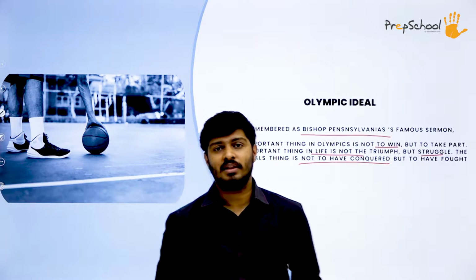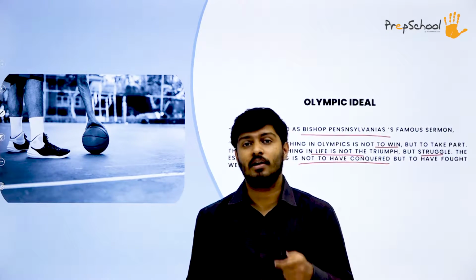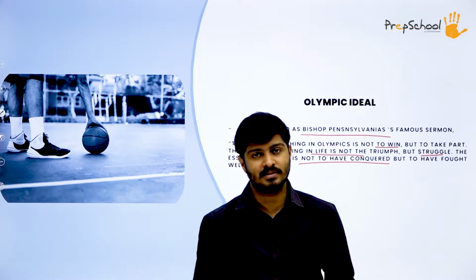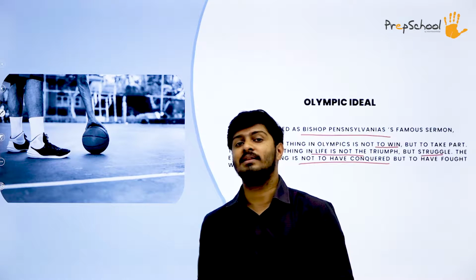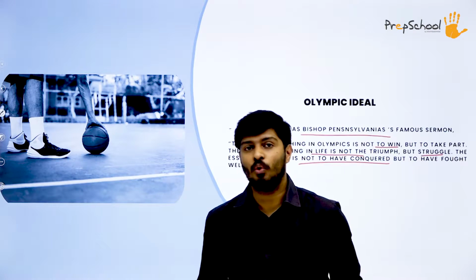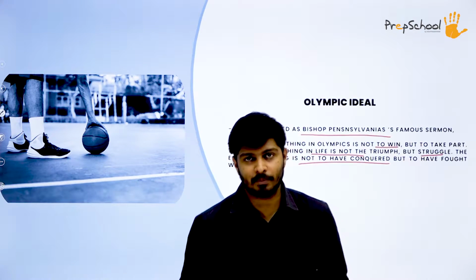One more important thing I wanted to remind you: this chapter includes a lot of names and a lot of dates. I have told you this in the first session also, but in case you have missed it, I am reminding you again. You need to remember the names of important people in this whole chapter.